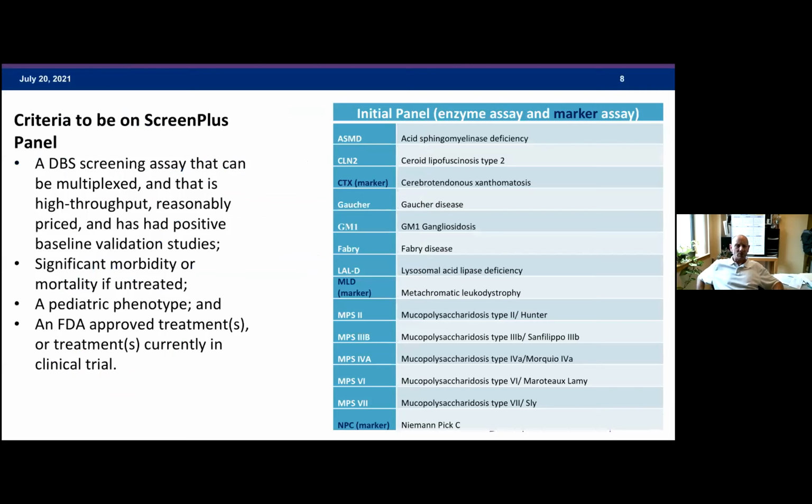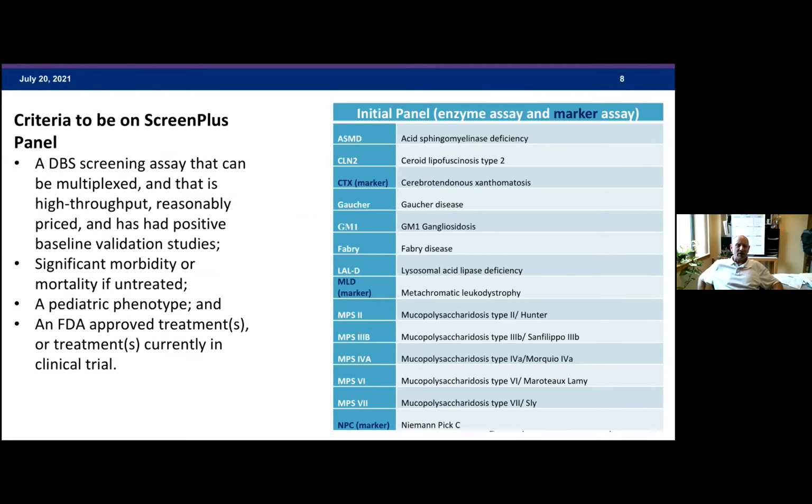The list of disorders we're looking at that are on the panel. There are 2 different screens that we are running. One is a marker assay where we're looking for elevation in marker, and that's for CTX, MLD, and Niemann-Pick C. All the rest are enzyme assays similar to the Krabbe, where you have a substrate internal standard pair and you're running it with blood.